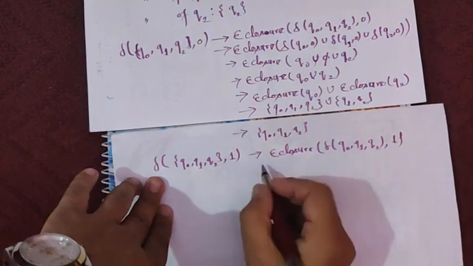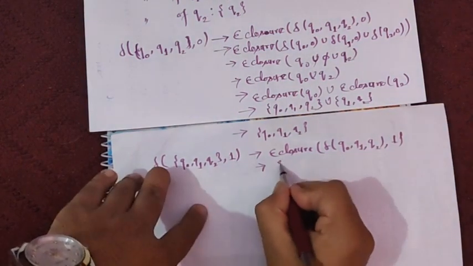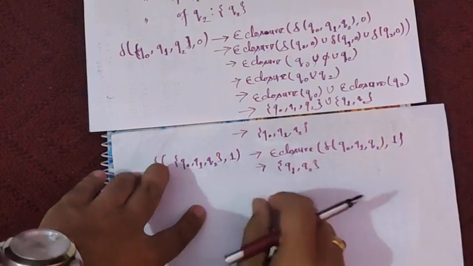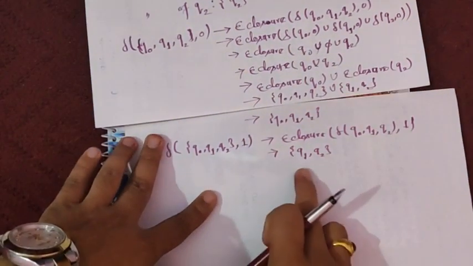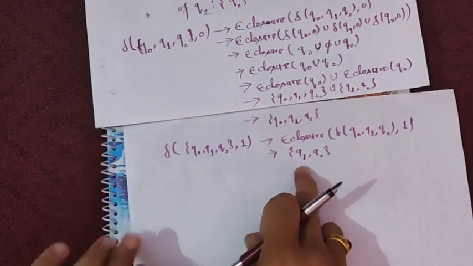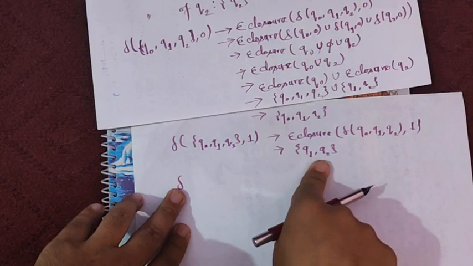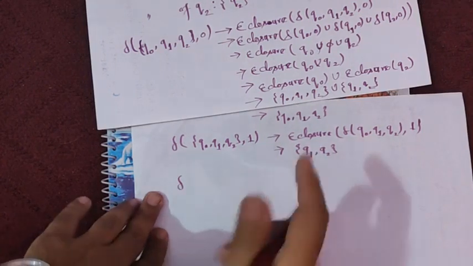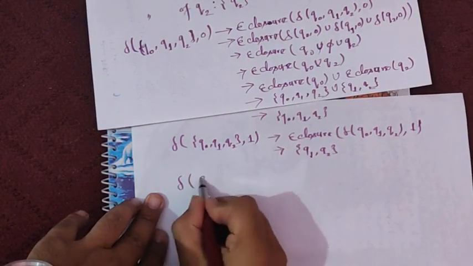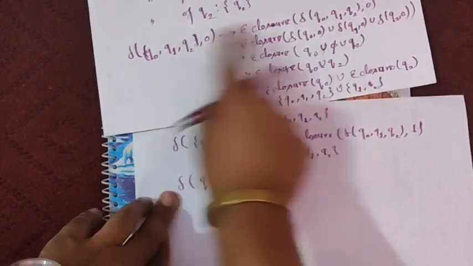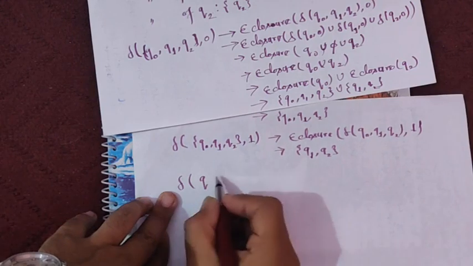When we compute it, we get q1, q2. Proceeding like this, we get this. Since this is a new state, we move on. This is also a new state, so we have moved.